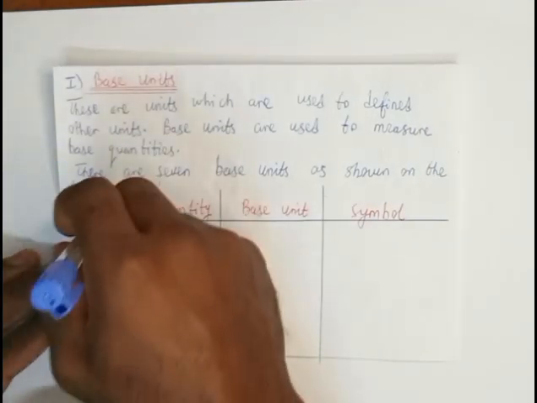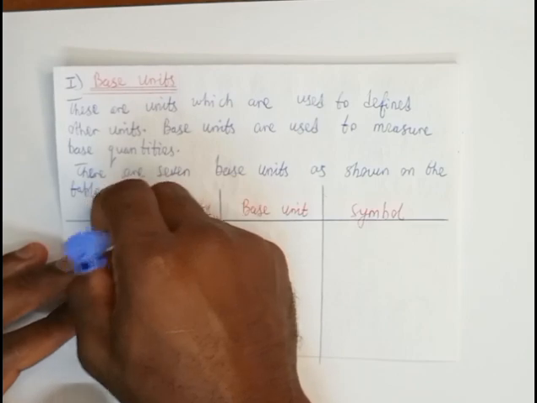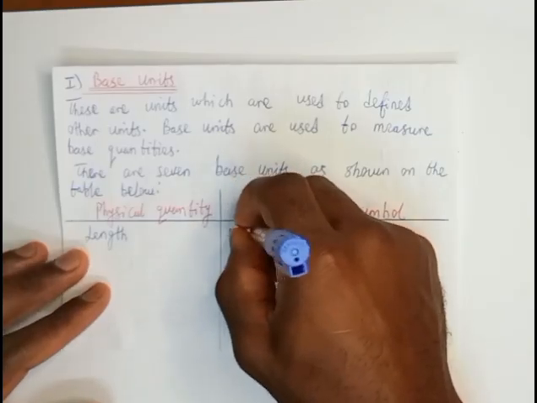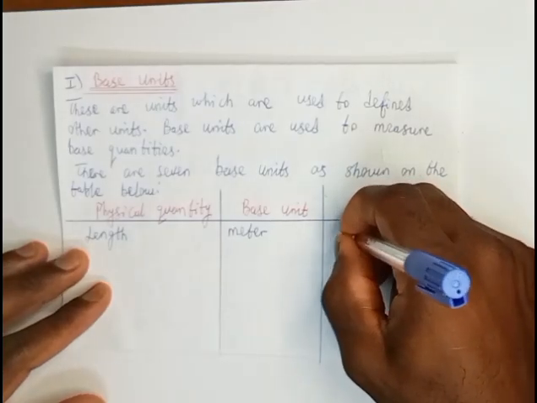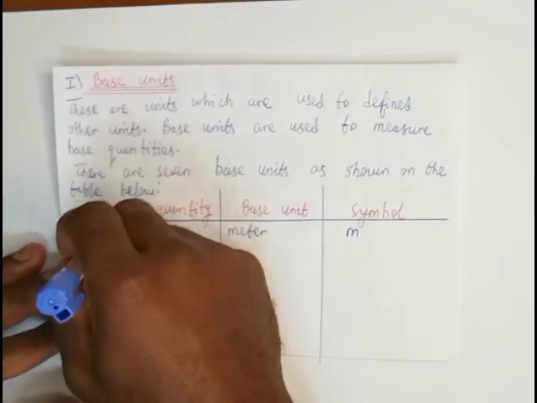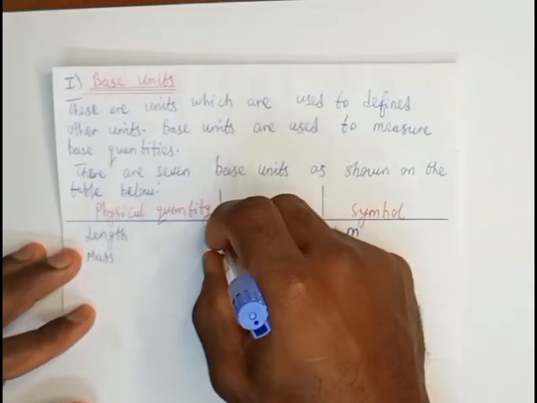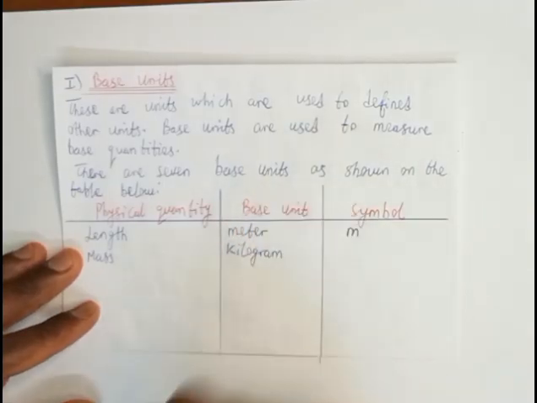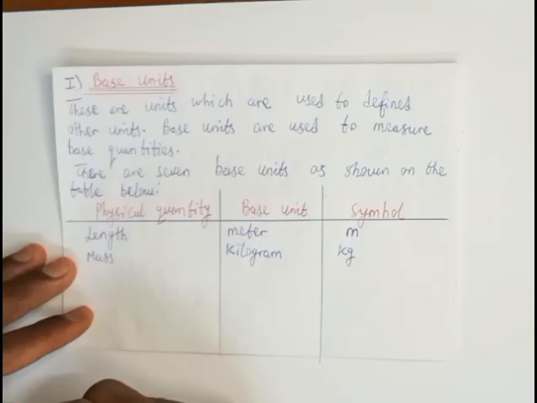For the first one, we have length. It has a base unit meter which has symbol lowercase m. Next one we have is mass, which has base unit kilogram, and it has a symbol kg.